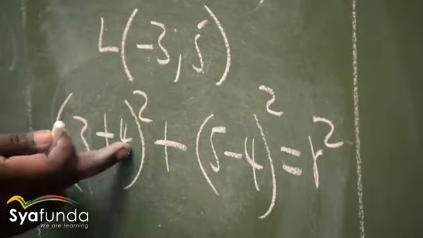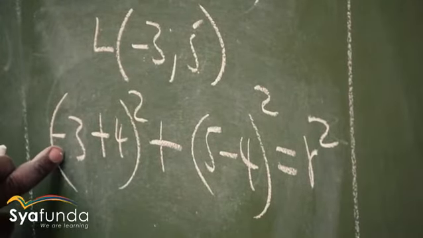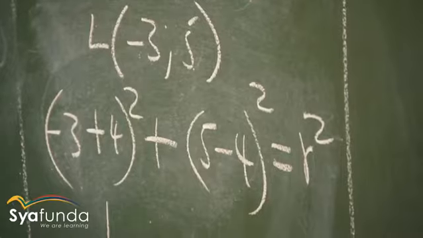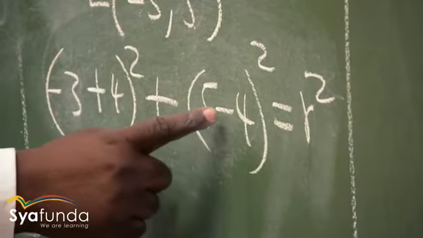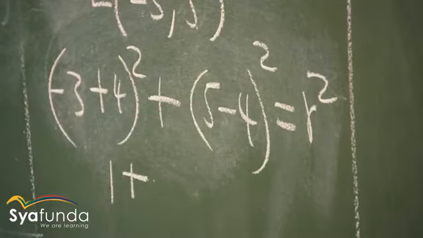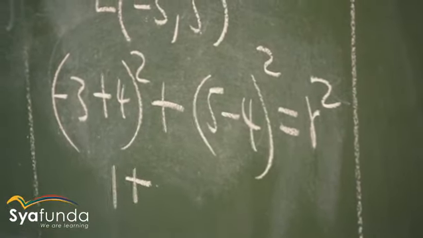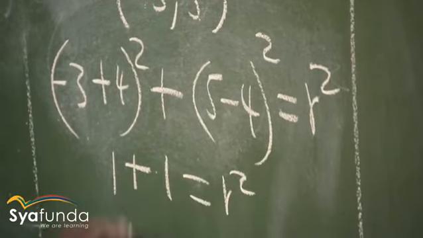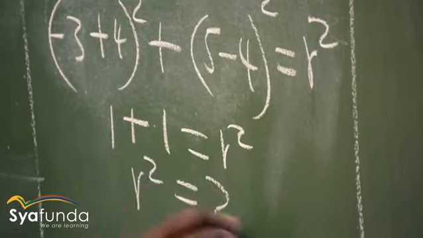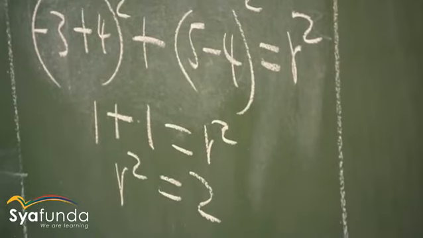What is 4 minus 3? It is 1. 1 squared is 1, plus, what do we have that other side? We've got 5 minus 4. What is 5 minus 4? It is 1. 1 squared is 1. It is equal to r squared. Okusho ukuthi r squared ilingana no 2. So we do have the value of r squared.